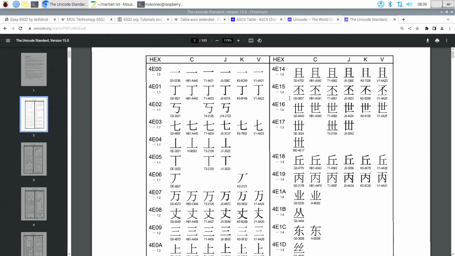Now, these things, you'll notice they're organized in, oh, I know how they did it. Everything on a particular row is the same symbol, but there are different writing styles. So for example, I think in Chinese or Japanese, they would write it this way. It's basically the same symbol, but maybe slightly different looking.